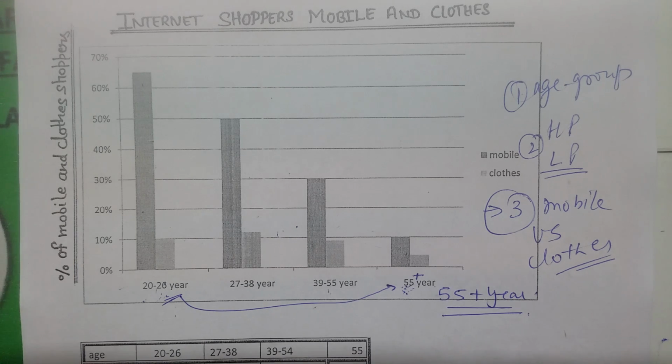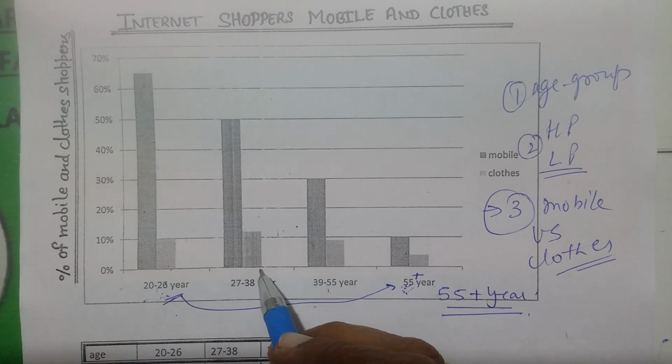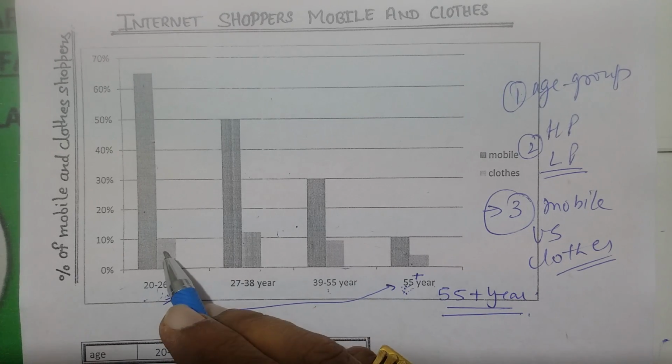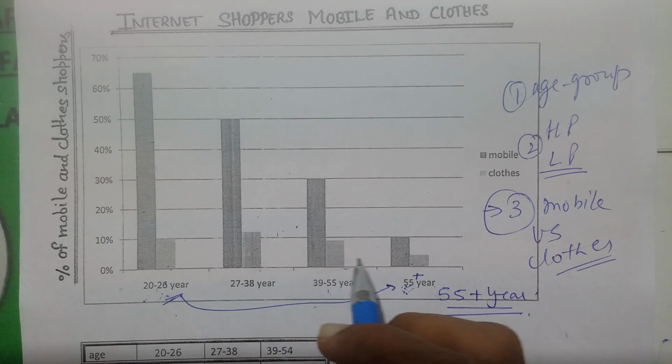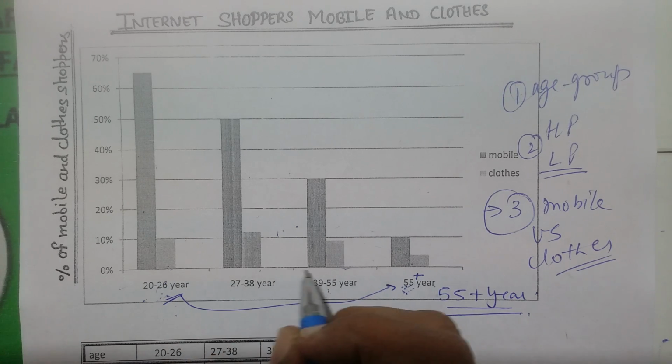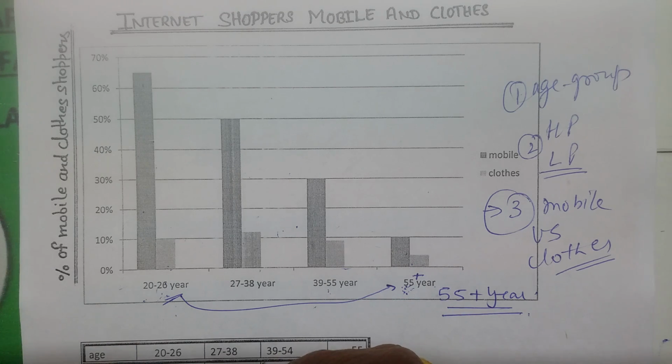Then there is a kind of comparison of any other age group also, we can work on this one. And we can check there is one similarity also, clothes, right? Almost the percentage of purchase on clothes is almost the same. You can check please. I am not saying exactly the same, I am saying almost the same.